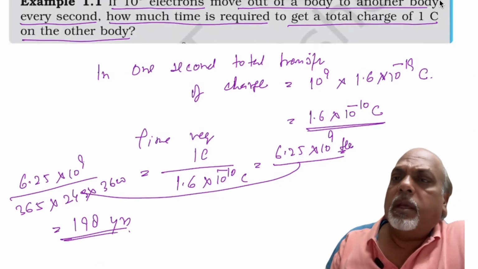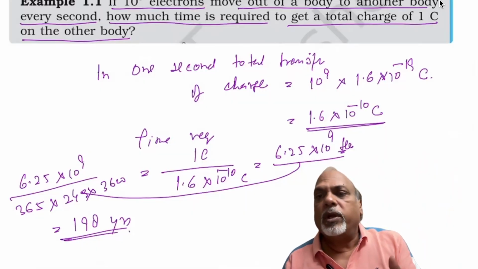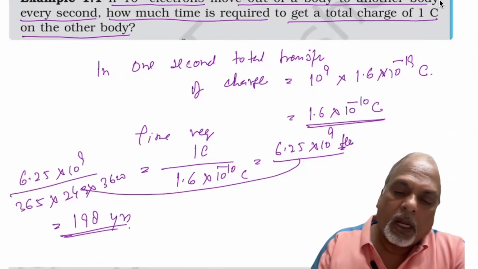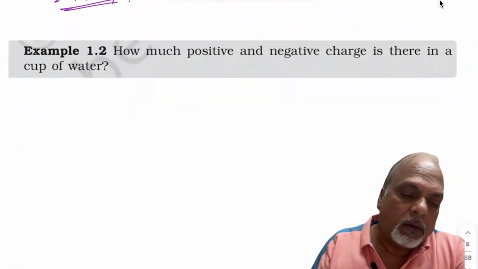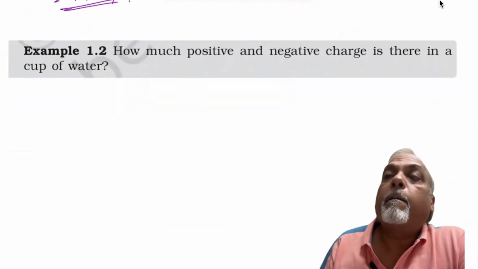So that's why generally we deal in units of micro coulomb or nano coulomb charges. Let us go to another question. How much positive and negative charge is there in a cup of water?